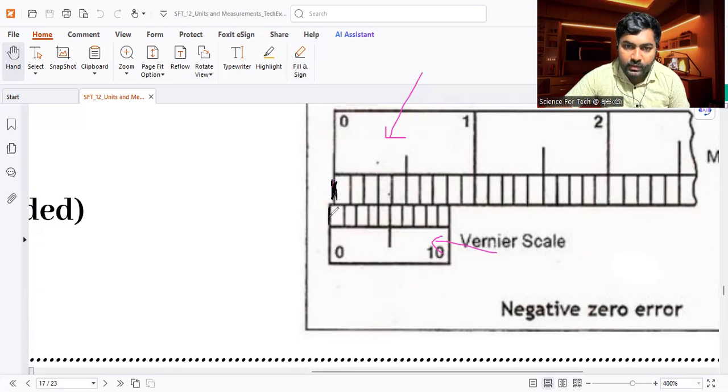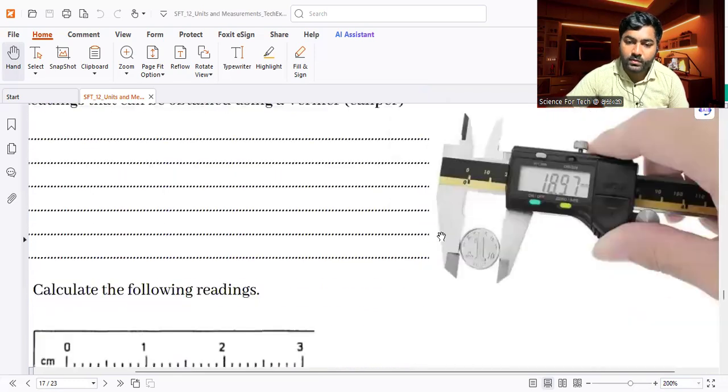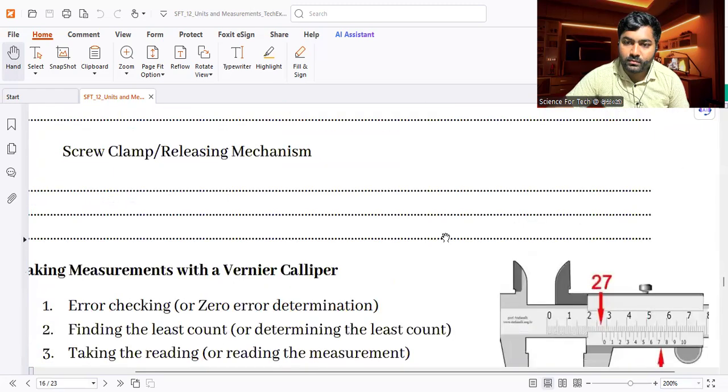If these two lines do not coincide with each other, that means that instrument has an error. Got it? Understood?